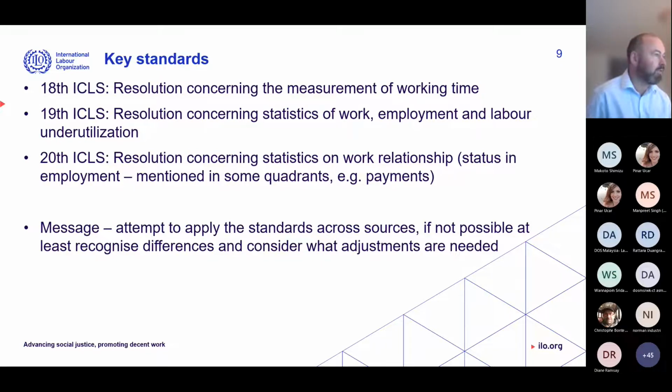This would be status in employment, which is mentioned in some quadrants, for example, payments, where there's a separation between payments for employees and payment for self-employed. So the 20th ICLS is relevant there. The message really from all that is it should be attempted to apply the standards across sources, or if not possible, at least recognize the differences and consider what adjustments are needed.